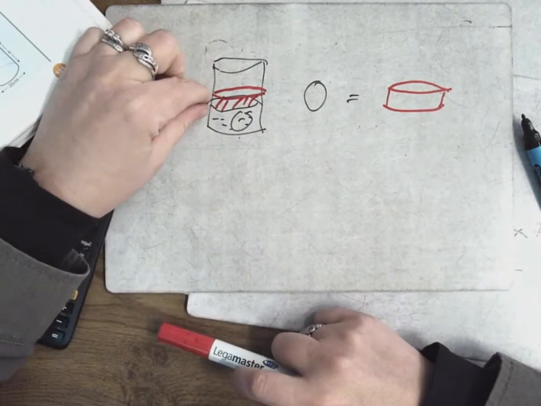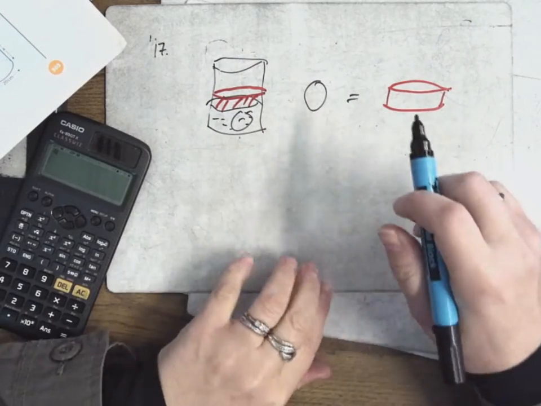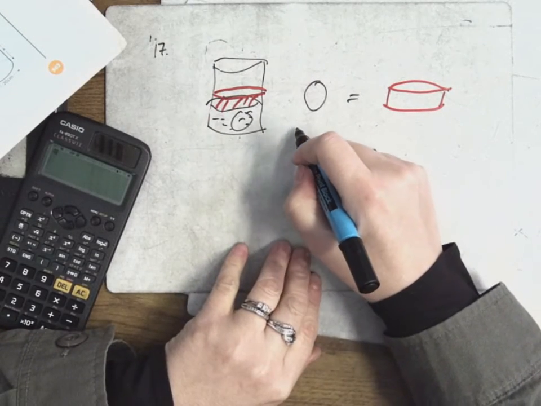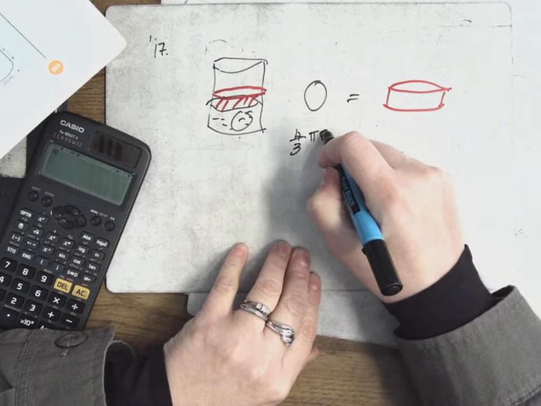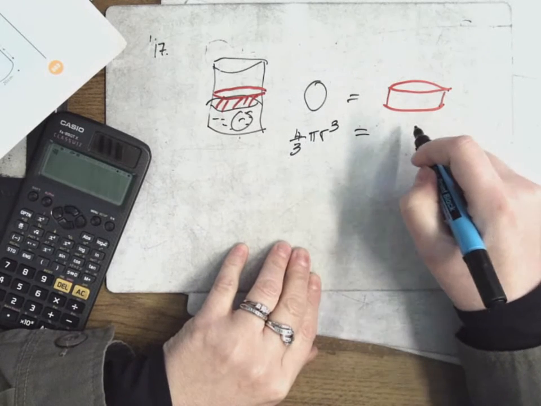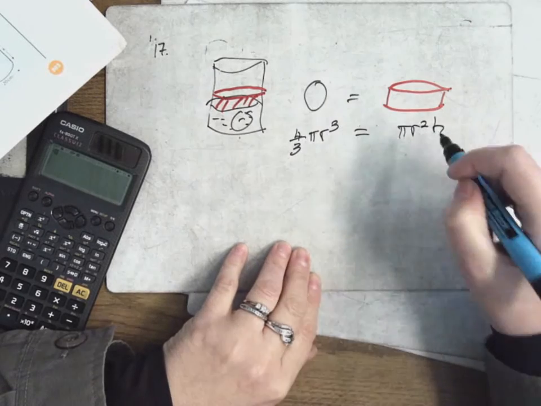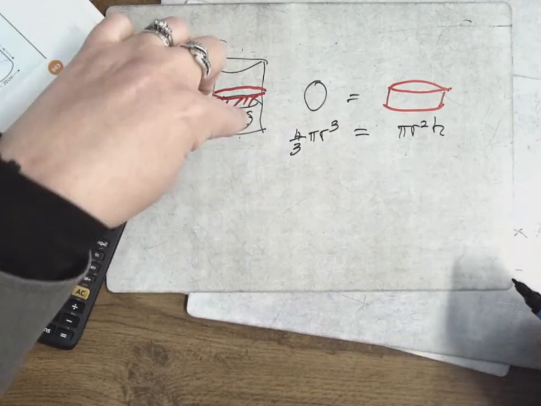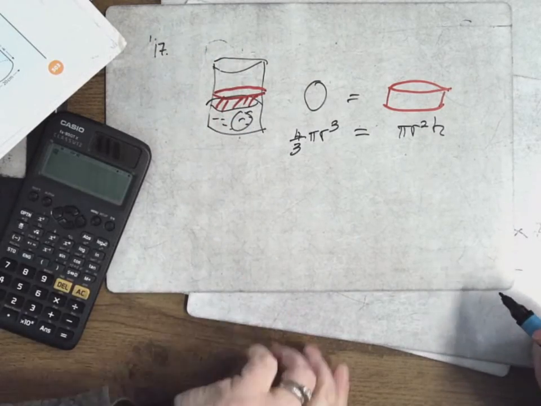So that's a little mini cylinder in there, isn't it? So the volume of this sphere that you put in, which is 4/3 pi r cubed, that's the formula for the volume of the sphere, is equal to the volume of this little mini cylinder that rose up. Would you agree? So the extra volume you put in is equal to the rise in water, okay?